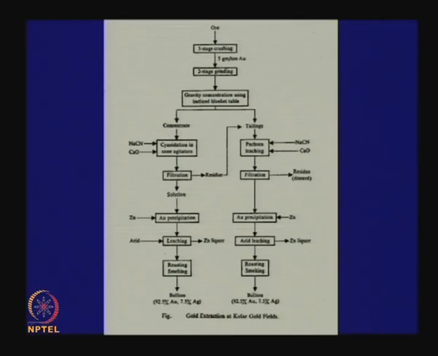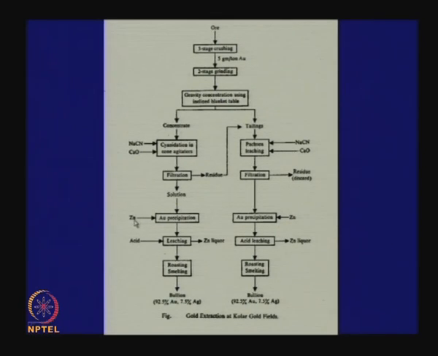And we use the word concentrate, which has more metallic value, and tailings, which have less metallic value. This concentrate goes for sodium cyanide leaching. Calcium oxide is used for some reason, I am not quite sure now. Then we do filtration, and the residue will go into the tailings. We will see what is there in the tailings.